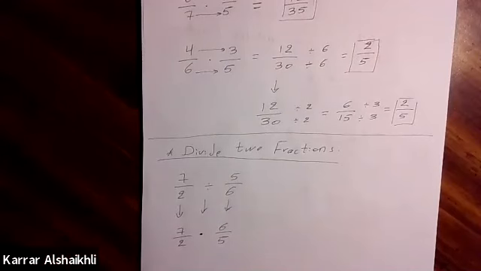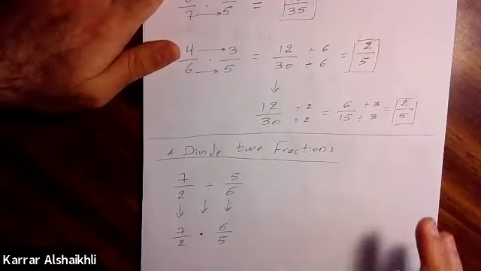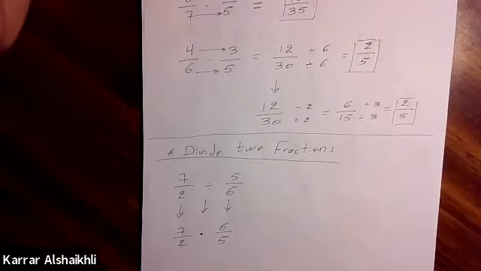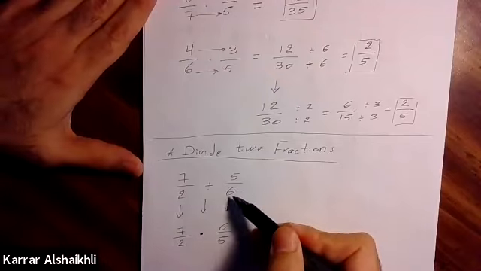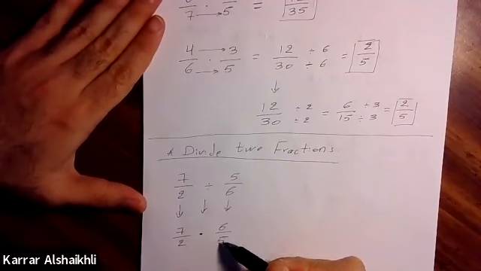So now you have to keep in mind, what's the reciprocal for a number? Let's do this one on the side, or the next example. If they ask you to find the reciprocal for any number, that means you're going to flip the number upside down. So the reciprocal for 5/6 is going to be 6/5.